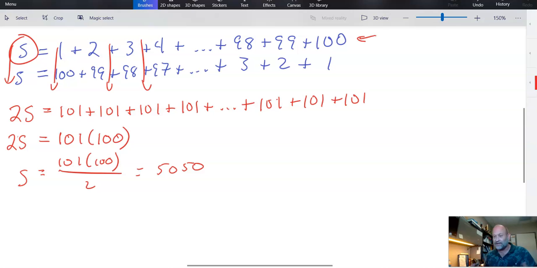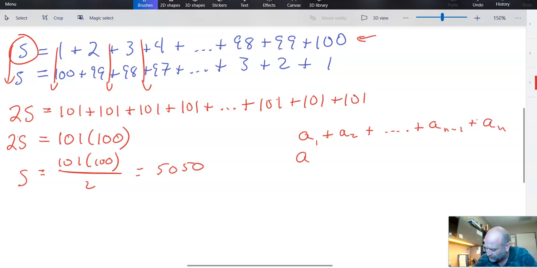Okay, so let's look at what we did here. By the way, keep in mind this only works for arithmetic sequences. We started by listing the terms forward and backwards, all the way to a_(n-1) plus a_n.